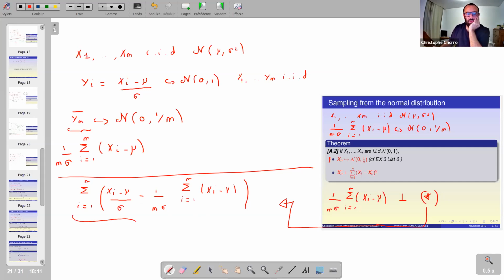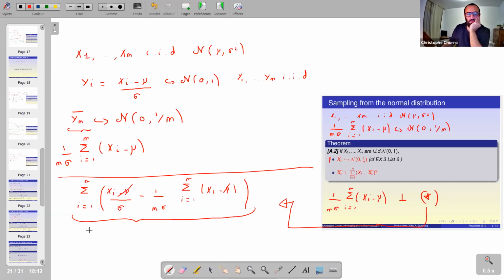And what is this situation here? Simply, I have some simplification between the mu here and the mu here, because I have the sum of the mu here. So it is minus minus, that is plus n times mu, but divided by n.